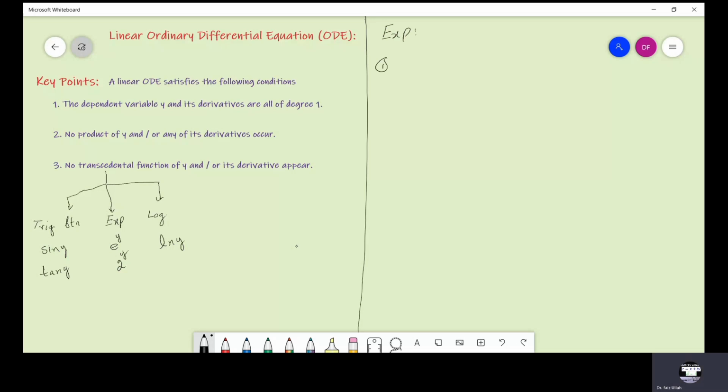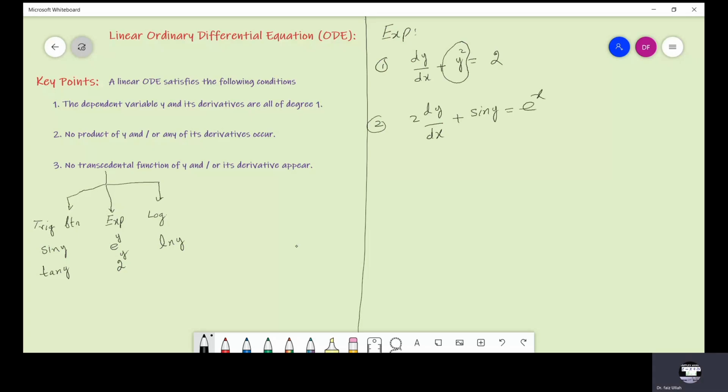In the first example, we have dy over dx plus y square is equal to 2. This is a non-linear ODE because of y square, because the degree of y is 2. Let us see another example. 2 dy by dx plus sine y is equal to e power x.